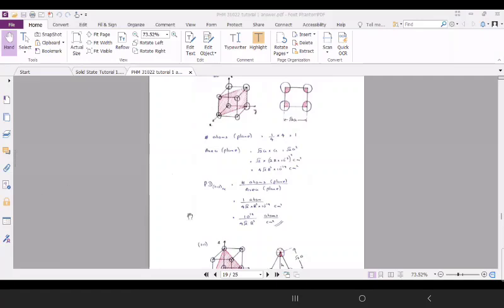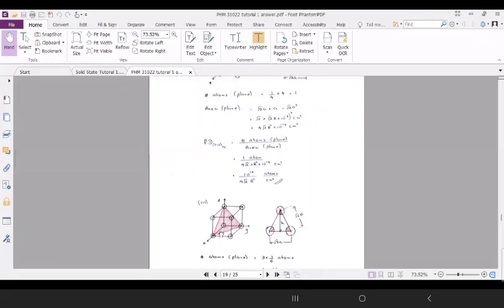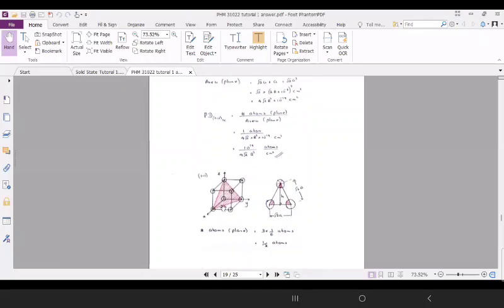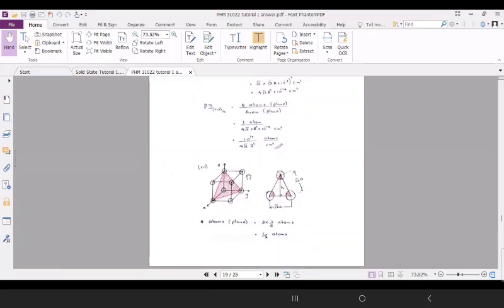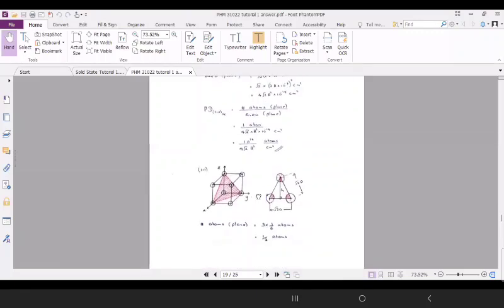Those coordinates are 111. So this plane should be, as in the previous example, triangular. You all know those 3 atoms are in the edges only, because it's simple cubic. So you can get the idea about the number of atoms in the plane. It should be half, because it's an equilateral triangle.